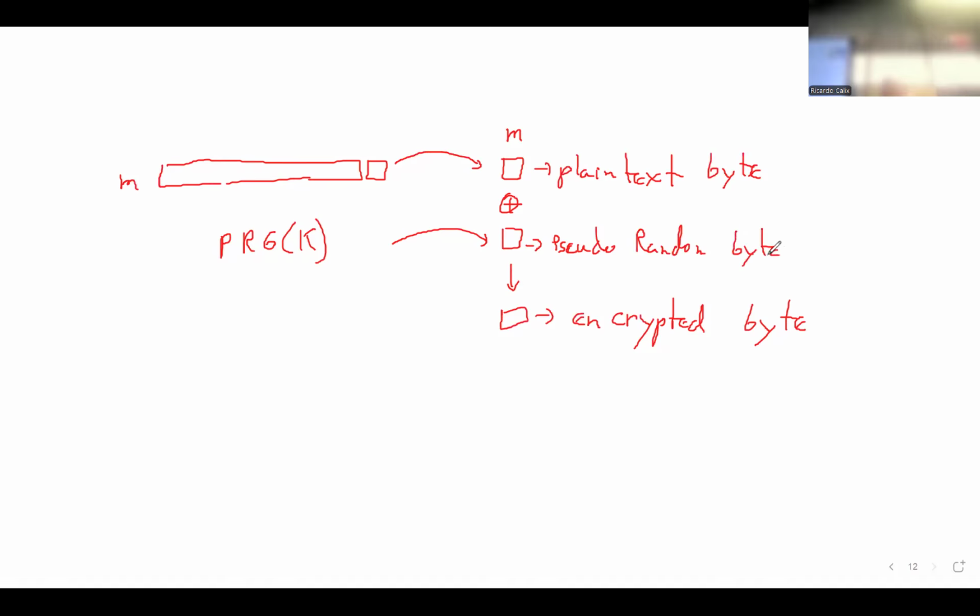Okay, so that is essentially the idea. And keep in mind that you generate the same pseudo-random byte stream for both encryption and decryption, right? So they have to be consistent so that you encrypt it and then decrypt it.